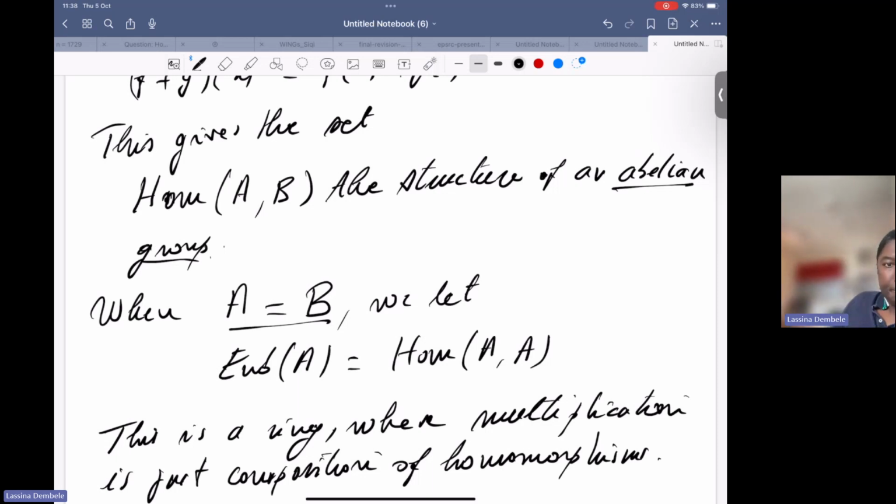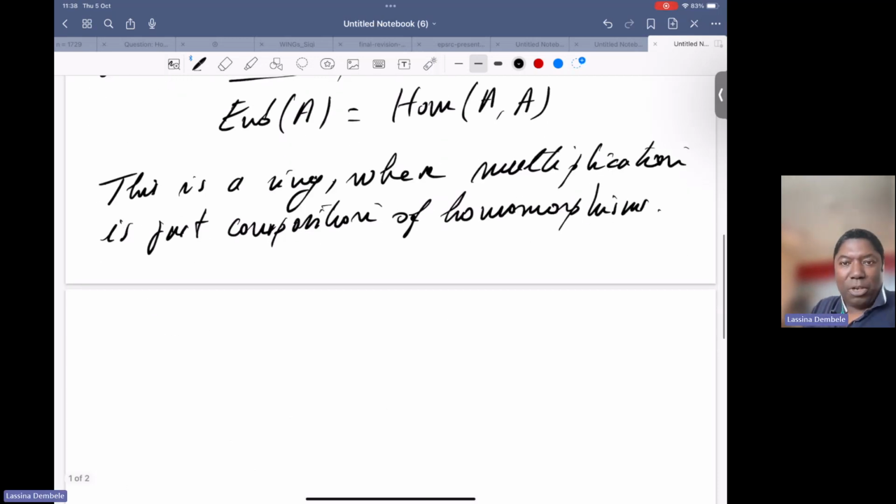Okay. And of course, here we have to be a bit careful because sometimes we want to talk about endomorphisms that are defined over the base field or not.